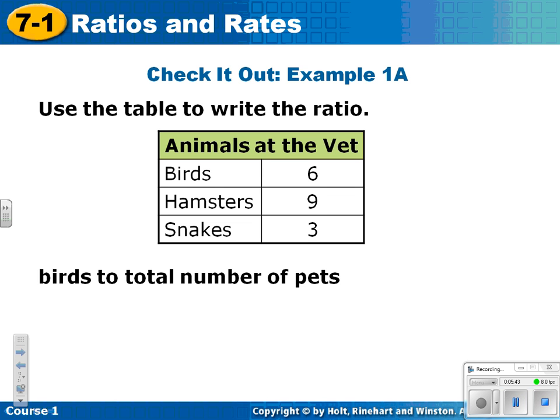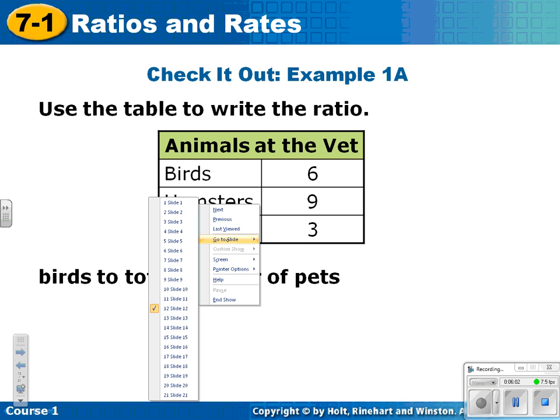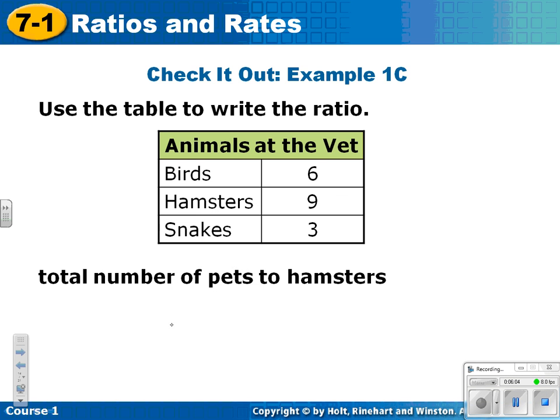Kevin. 6 to 18. What is it? Part to whole, whole to part. Part to whole. All right. We're going to move on. Yeah, I know. It's really easy.